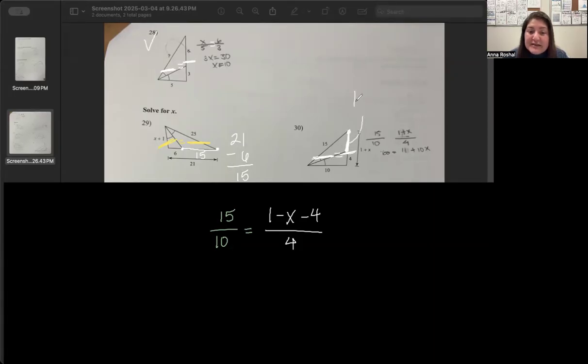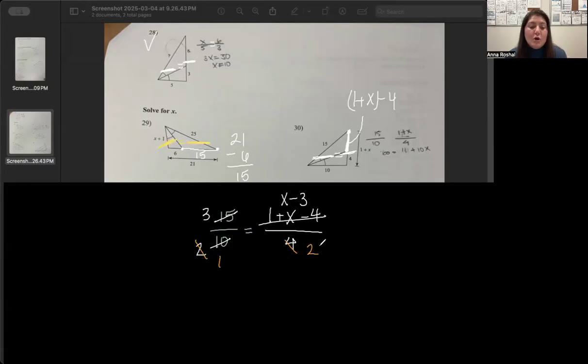But this section is this whole, oh, whoops, 1 plus x minus 4. So this whole section is going to be this big portion minus the little portion. So I'm going to simplify this top section, and that's just going to be x minus 3. I'm also going to simplify this section by dividing by 5, and that's going to be 3 and 2. And then I can simplify the 2 and the 4 and say 2 goes into 2 once, 2 goes into 4 twice.